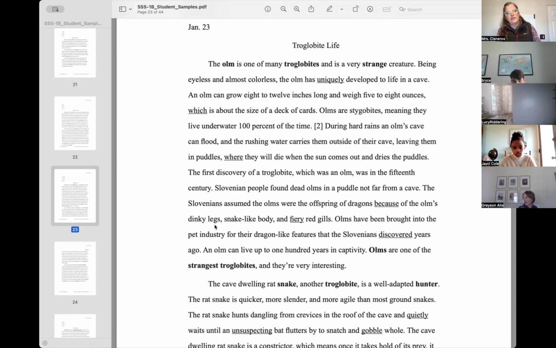So I'm going to read this first paragraph about the olm, and I wanted to point out right here, you guys see that number 2 with a bracket? That is your one sentence opener that's on your checklist. So look again right now at your checklist. Under sentence openers, you have only one opener right now, and it is the prepositional opener.